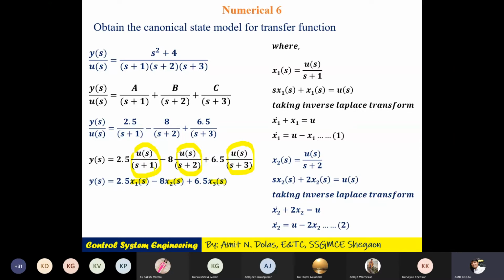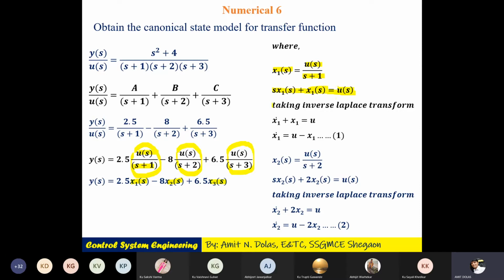Now we may equate X1 of s is equal to U of s upon s plus 1, because that is true. We consider U of s upon s plus 1 as state 1, x1. So it will be s X1 of s plus X1 of s equal to U of s.